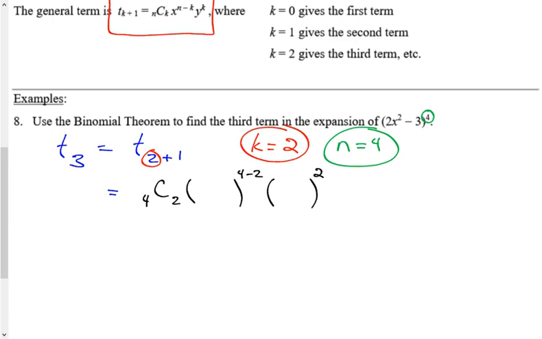Now, this is the first term. In our warm-up questions, we used a and b. In this formula, they use x and y. So that whole thing represents my x, so this is my 2x squared. Is that color okay to see in the back? Anybody got a problem? We're okay?